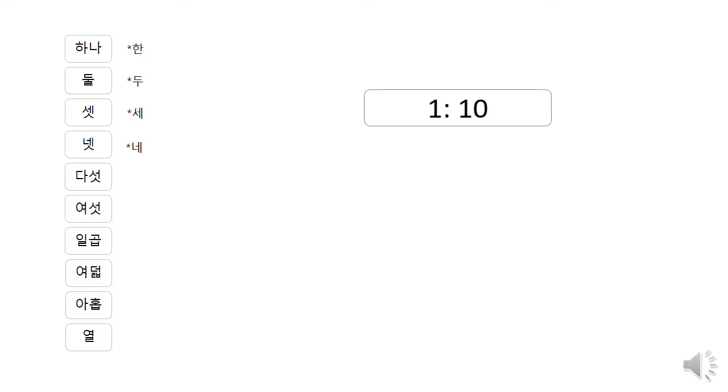This is time. Hour, number 1. Minute, number 10. Just like in English, even though hour is number 1, when we read the time, we say 1 o'clock instead of 1 hour, right? So just like that, even though it's written, we feel like we should use Sino numbers, but only the hour part is read with native Korean numbers.